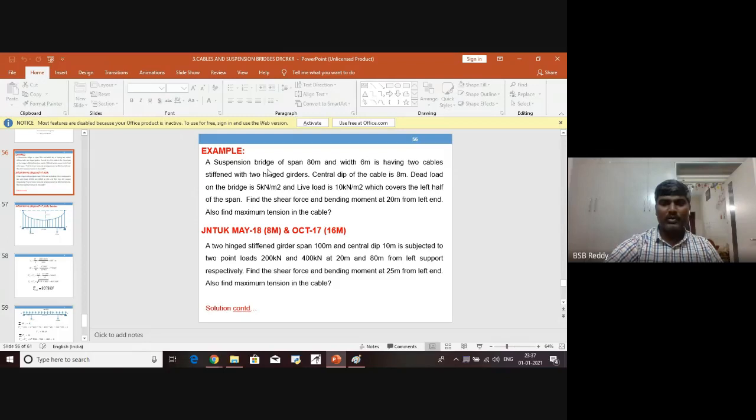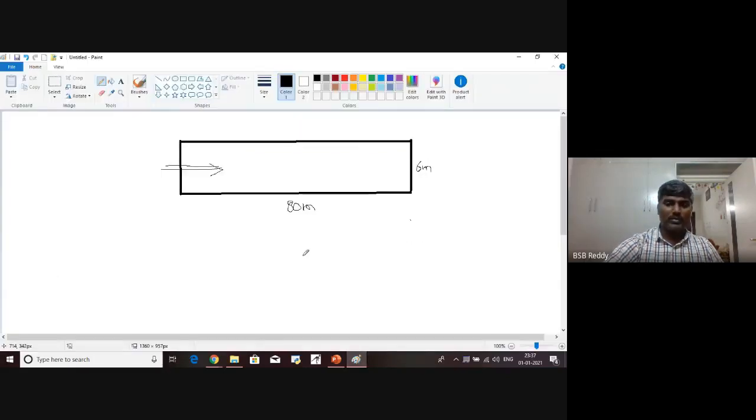It has two cables stiffened with two hinged girders. There are two cables. So let me draw a 3D view for this. Imagine, just a 3D view for this. Take the path like this.